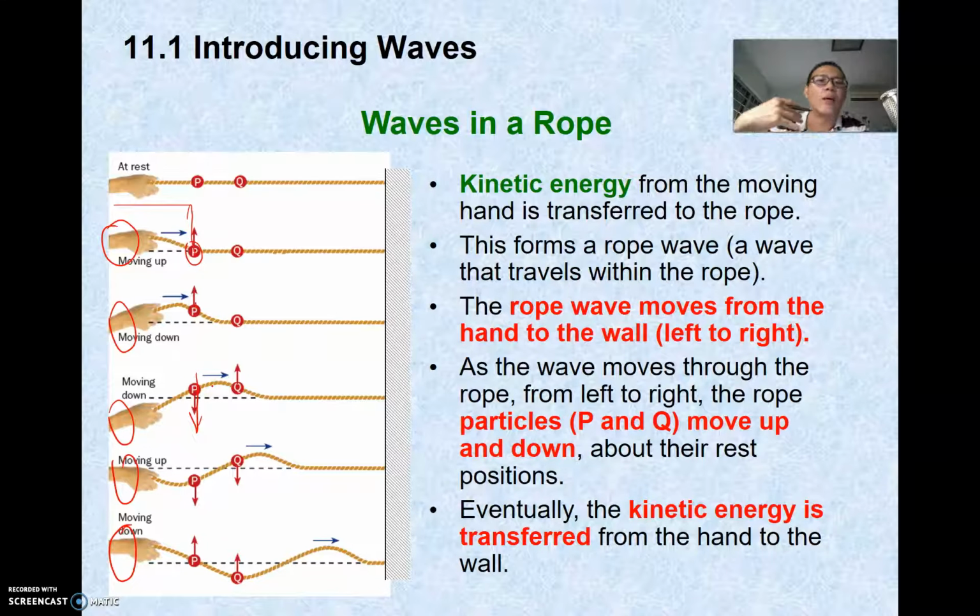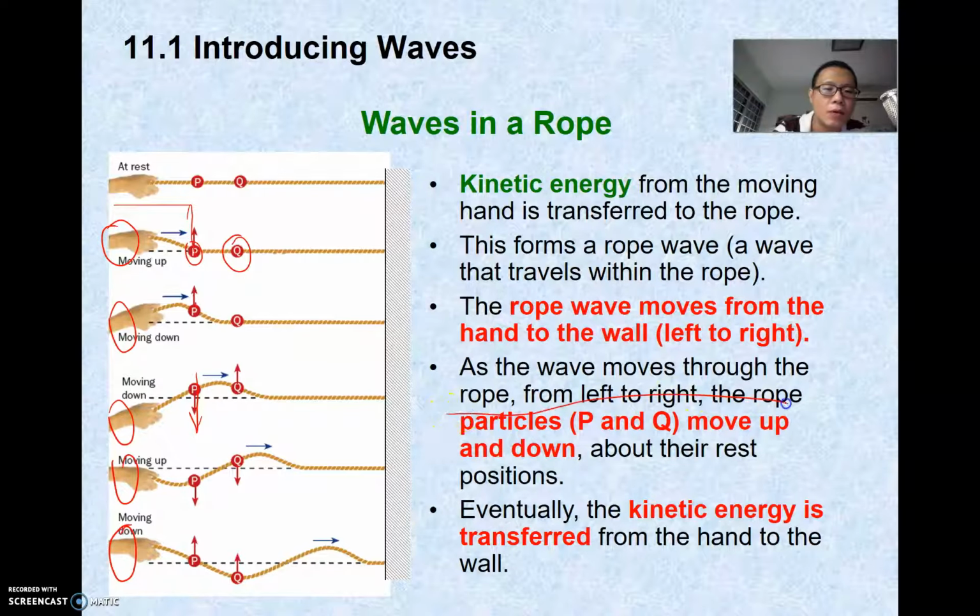When P is moving, Q will start to move. Particle Q will start to move in series, after P, and they will exhibit the same motion of up and down.